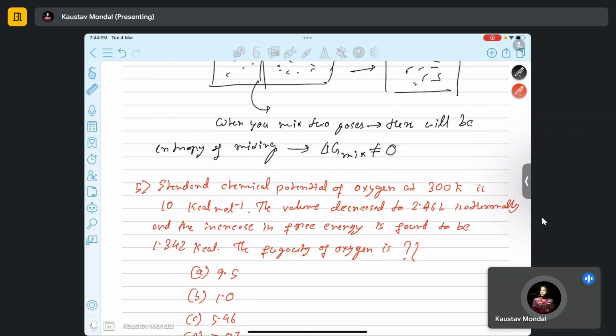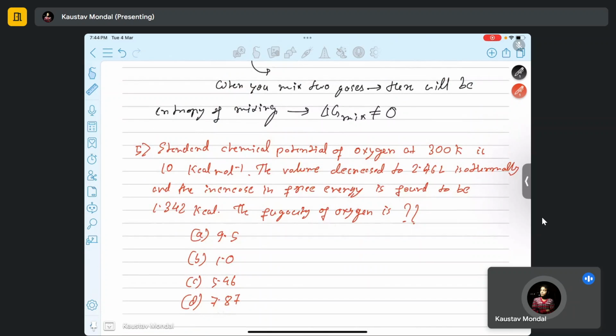Because the chemical potential value of the oxygen is given at a certain temperature, you have to use that particular formula in order to calculate the free energy and all these things. The free energy and the chemical potential are already given, so from there you have to calculate the fugacity, okay.